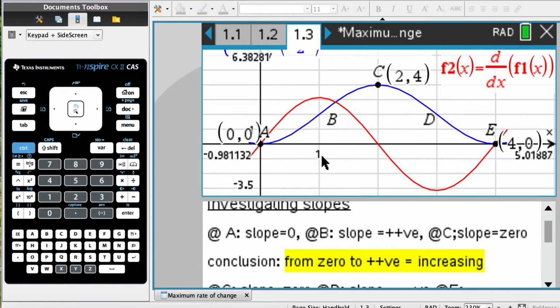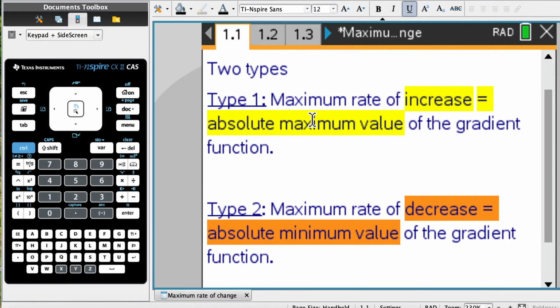And now, as you can see at point B, pretend the horizontal axis is time, at time equal to 1 unit, it corresponds to the biggest, or what we call the absolute maximum value of your derivative function, which I made the little summary here for you earlier. So the first type is what?